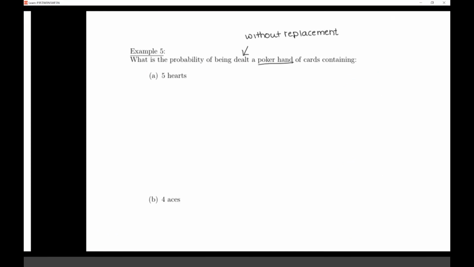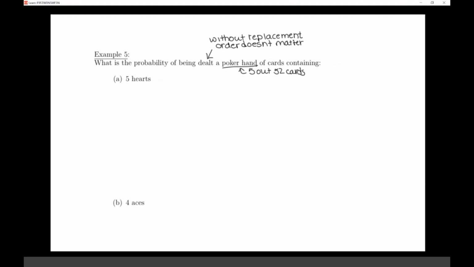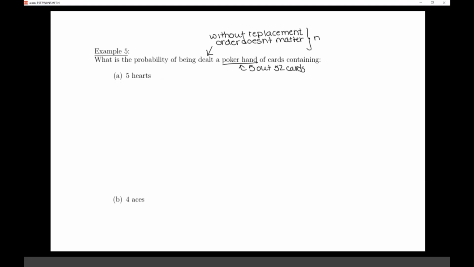A poker hand has 5 out of 52 cards. And also order doesn't matter, because usually when you're dealt a hand of cards you put them in the order you want them in. So we're doing without replacement, order doesn't matter. We're going to count with combinations.